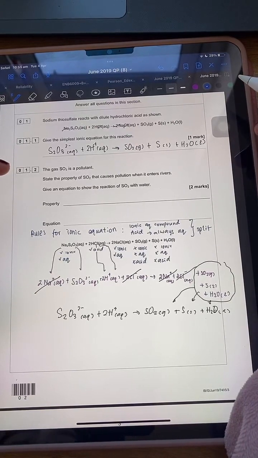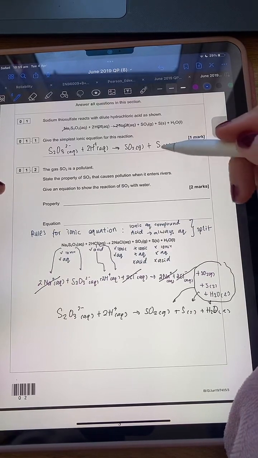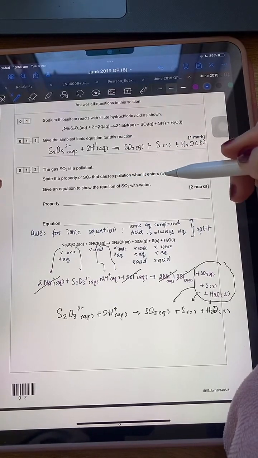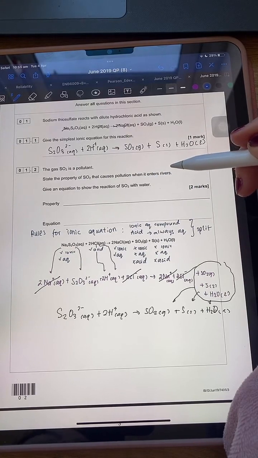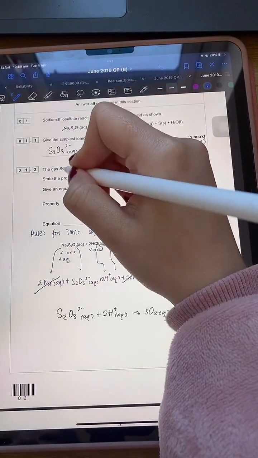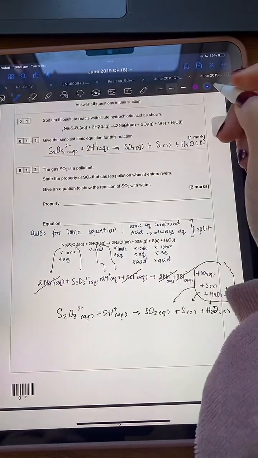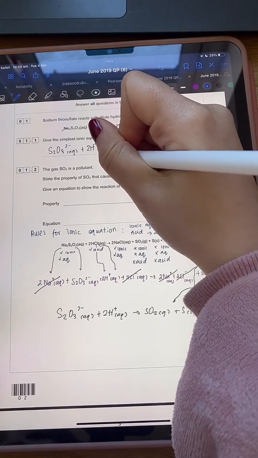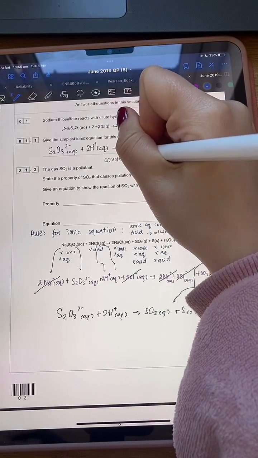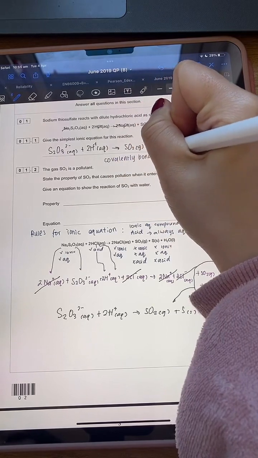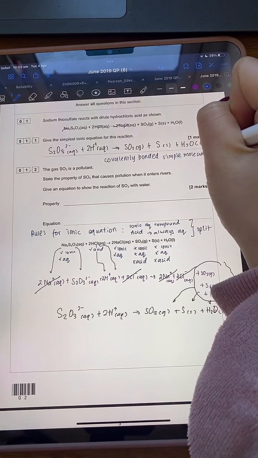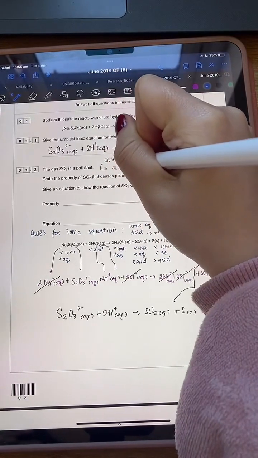The gas SO2 is a pollutant. State the property of SO2, so that's sulfur dioxide, that causes pollution when it enters rivers. Give an equation to show the reaction of SO2 with water. Okay, so the main thing about SO2, or basically any covalently bonded simple molecules, they are acidic in nature.